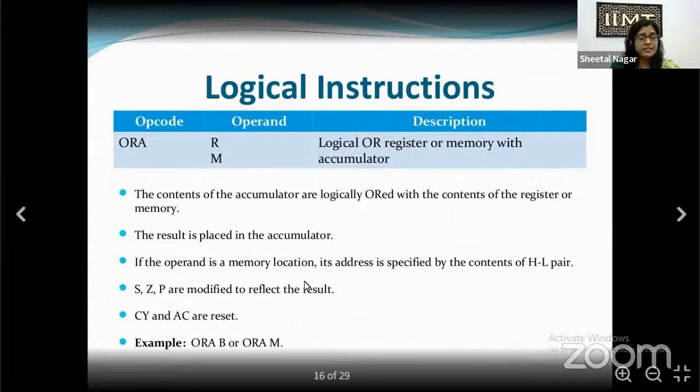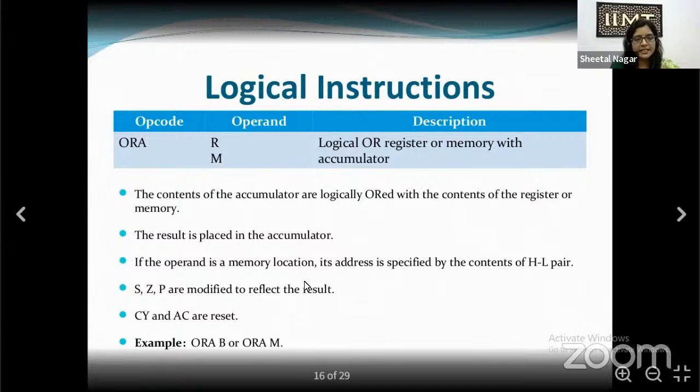For example, if we take ORA B, then the contents of the accumulator and the contents of register B will undergo the OR operation, and the result will be stored in the accumulator only. After execution of this instruction, the sign flag, zero flag, and parity flag will be modified.